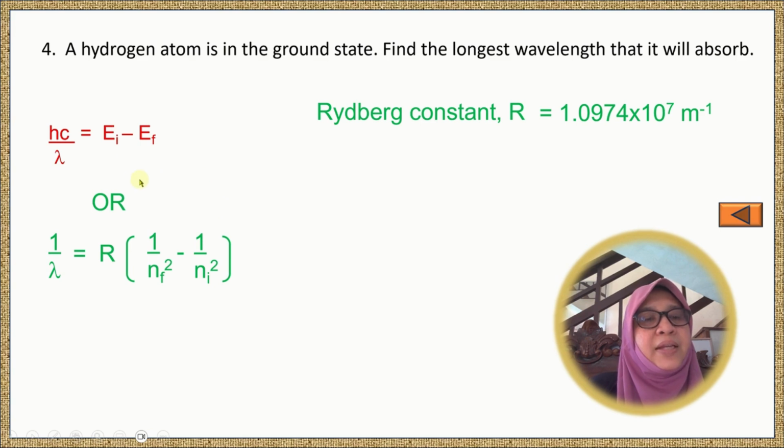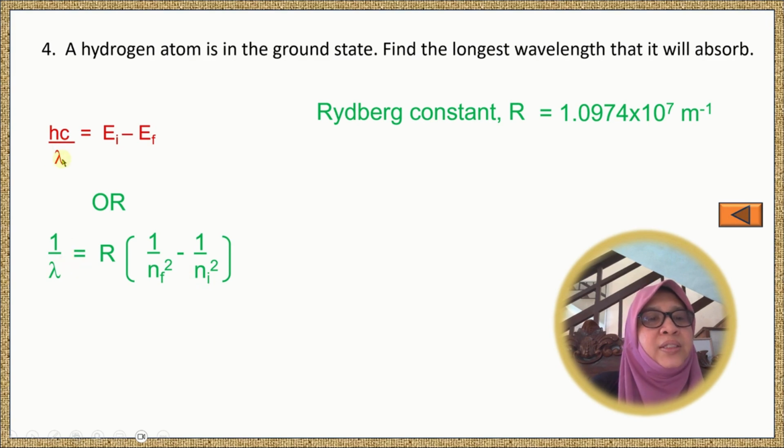divided by n squared. Because there is a negative in the formula, the equation becomes 1 over nf squared minus 1 over ni squared. This is final, and the initial: n final minus n initial.